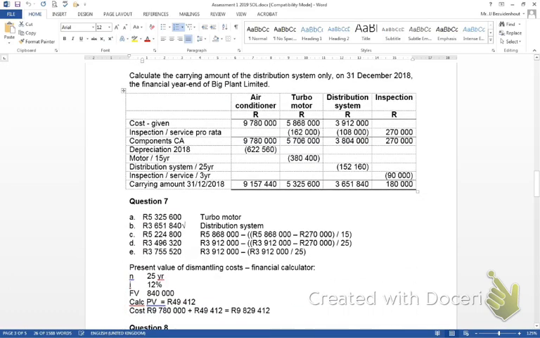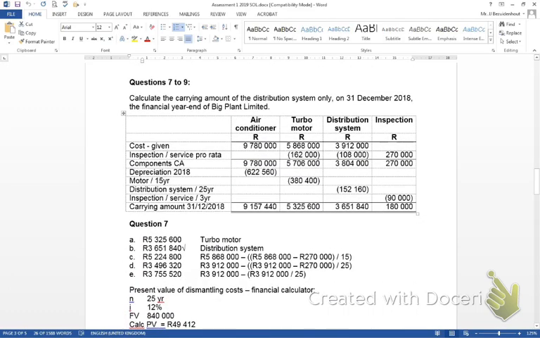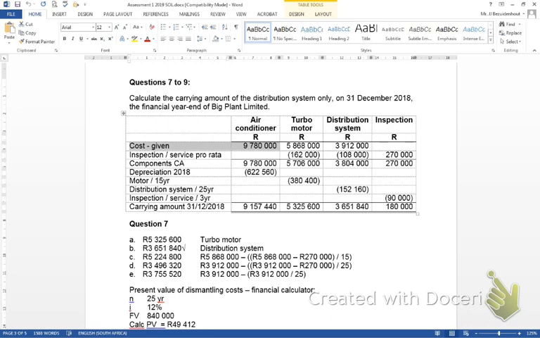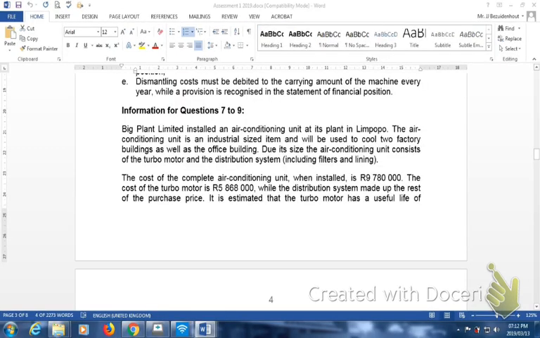Question number 7. Now, in question number 7, you were given a plant, an item of plant. Let's look at the question itself. Big plant installed an air conditioning unit in a Limpopo plant.